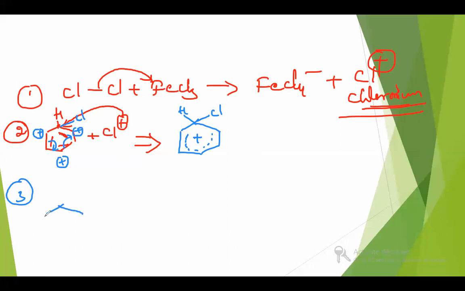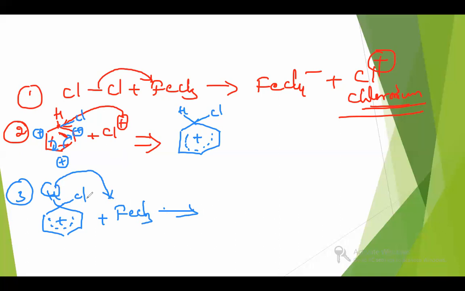This product, with the positive charge here, one hydrogen and the chlorine, will be treated with FeCl3 or AlCl3. It will take this hydrogen, and chlorine and hydrogen form HCl, and will be forming, sorry, FeCl4 minus.